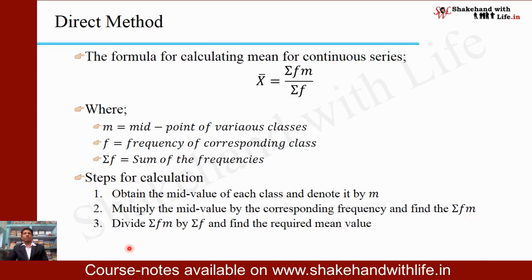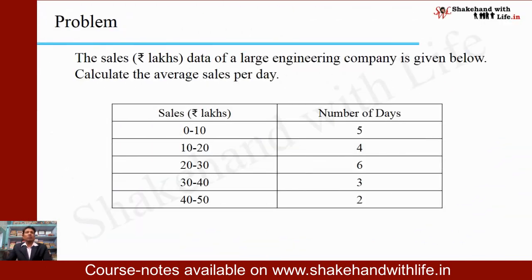Then divide sigma fm by sigma f and find the required mean value. So how would you calculate the mean for continuous series data using the direct method? Here is an example. The sales data of a large engineering company is given below, and you need to calculate the average sales per day.